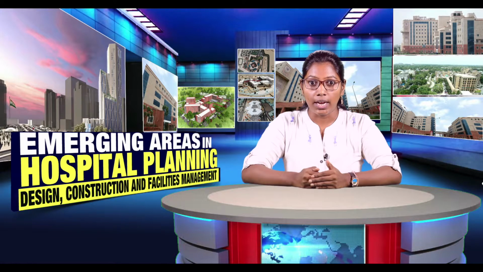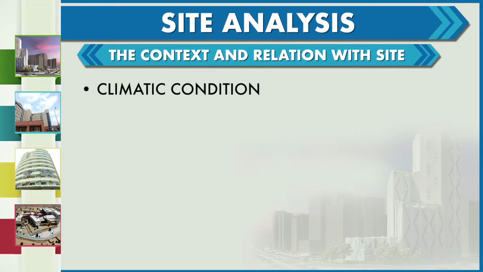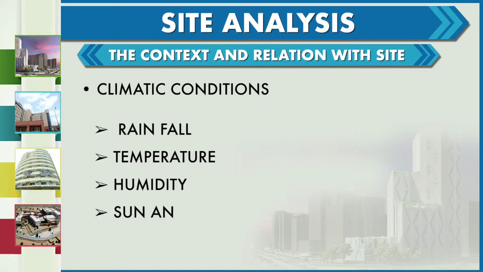In order to understand any site, we must consider the 3 major parameters of a site. The first is context, the second is site and the third is user. The first and foremost is the context. In order to understand the context, we have to understand the context and the relationship with the site. The first point is climatic conditions, which includes rainfall, temperature, humidity, sun and wind path.